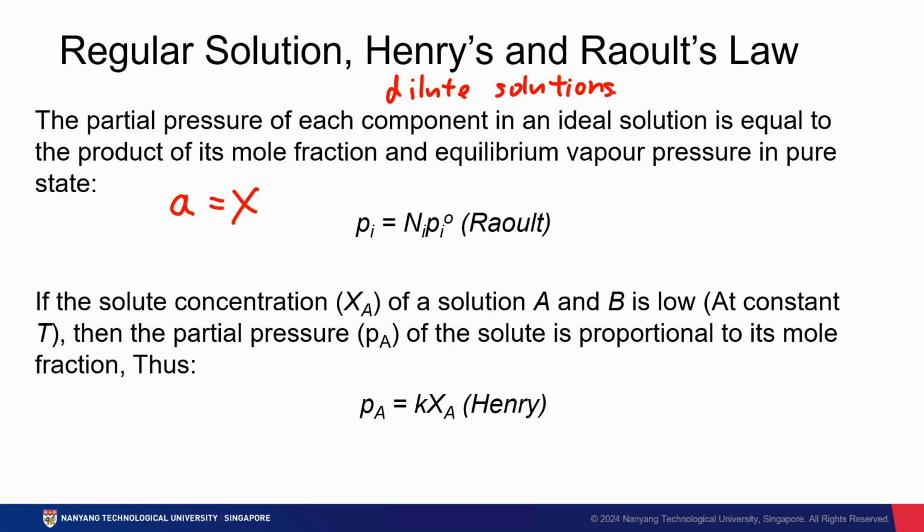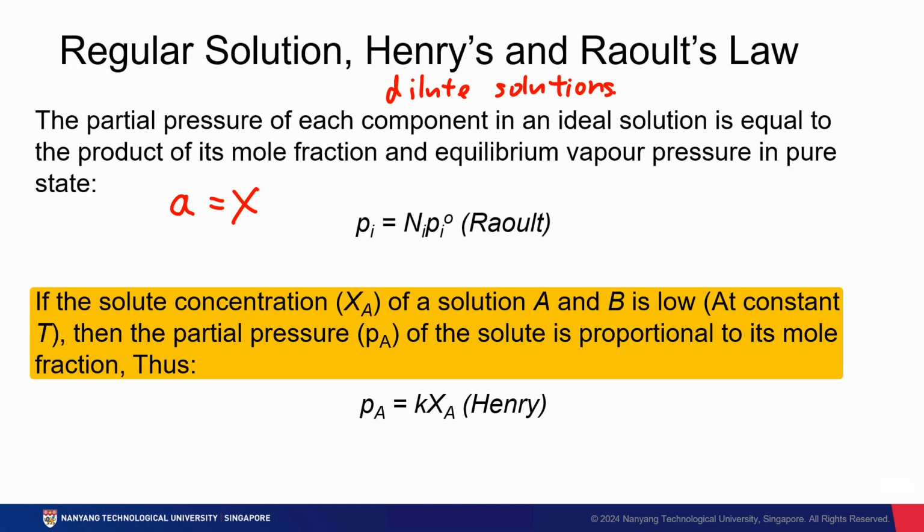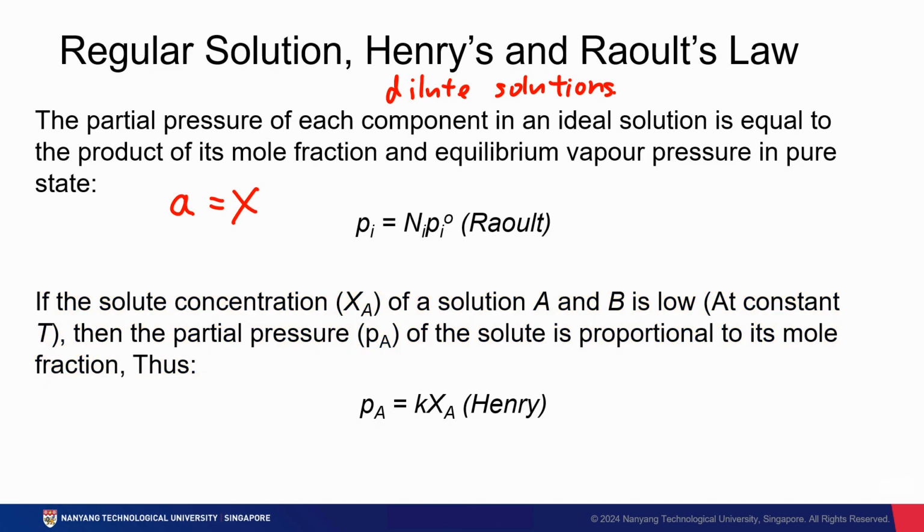And in terms of Henry's law, if the solute concentration XA of a solution of A and B is low at constant temperature, then the partial pressure of the solute is proportional to its mole fraction. What that really means is that the activity is equal to the activity coefficient multiplied by the mole fraction, where we assume that this is a constant.